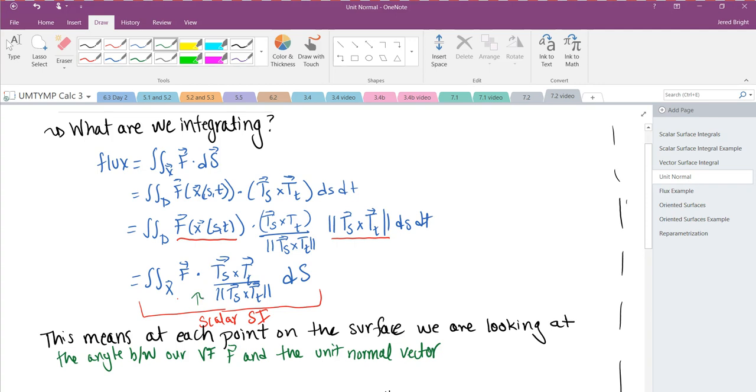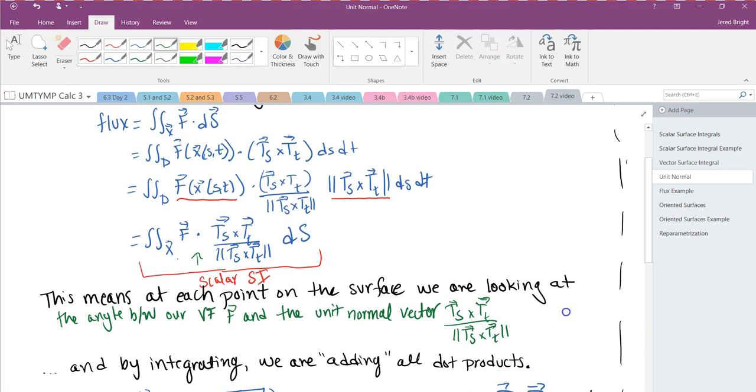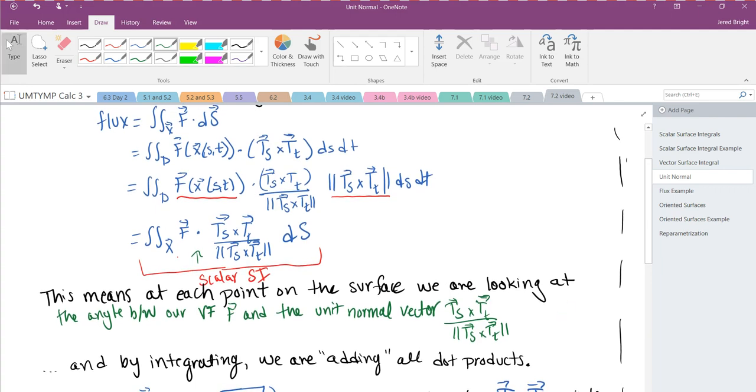Okay, and then the unit normal vector is Ts cross Tt, just for clarification, over the length of Ts cross Tt. All right, and then really when we are integrating, we just add up all those dot products.